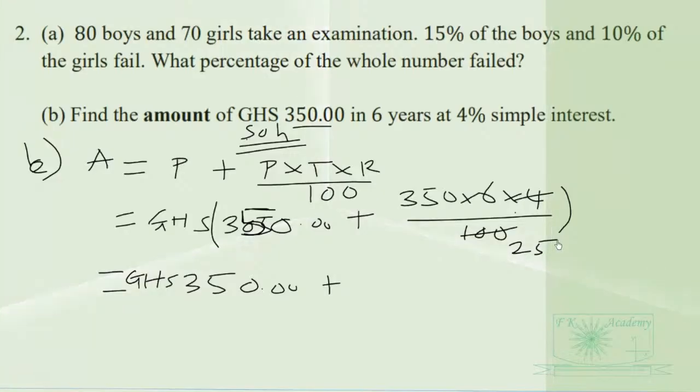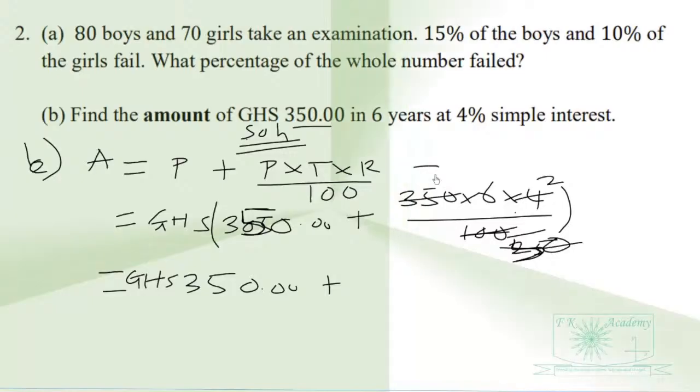Okay, let me do it like this. 2 will go into 4 2 times, and 2 will go into 100 50 times. Now 50 will go into 350 7 times. So we have 7 times 6 times 2.